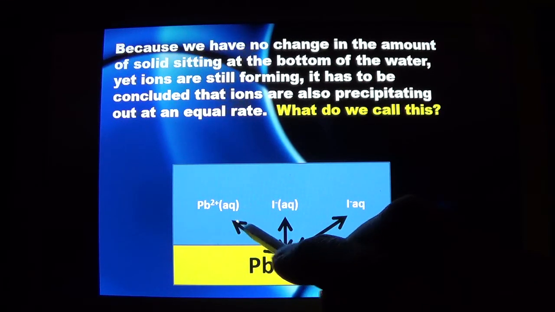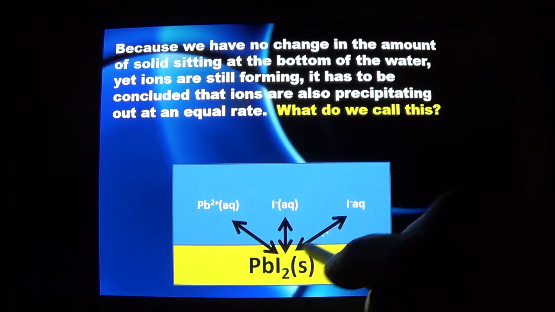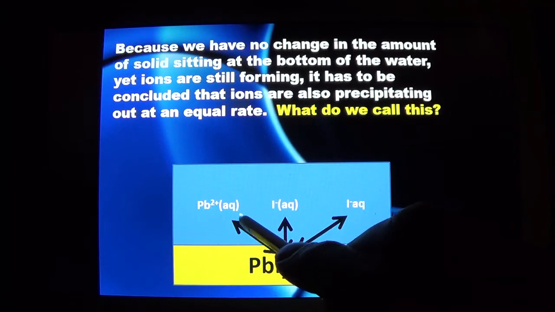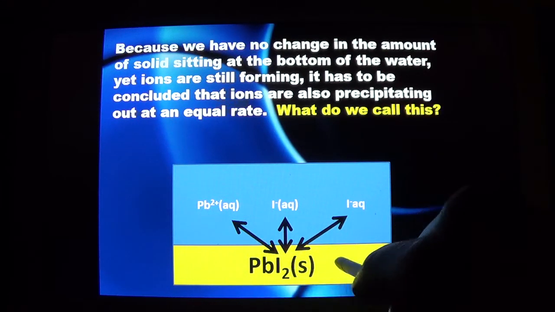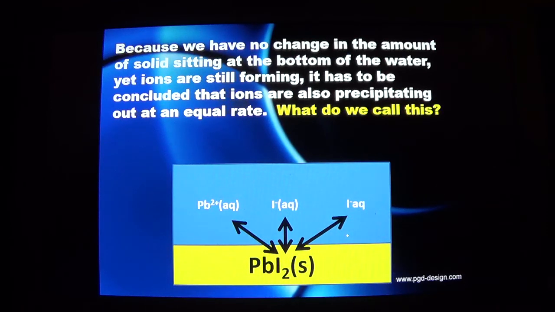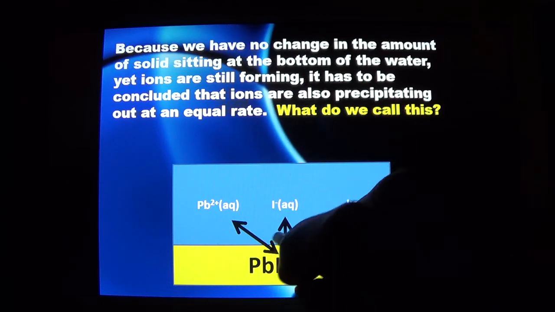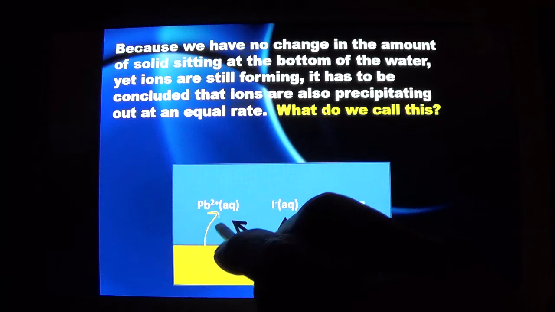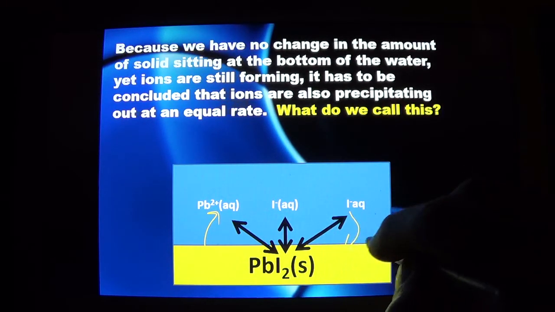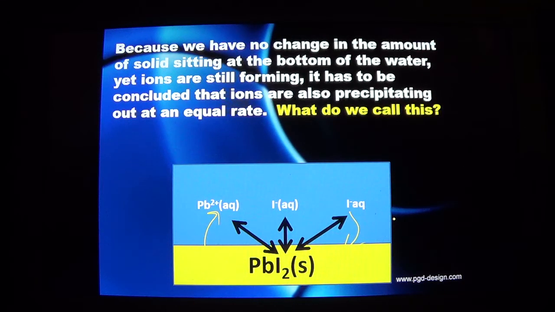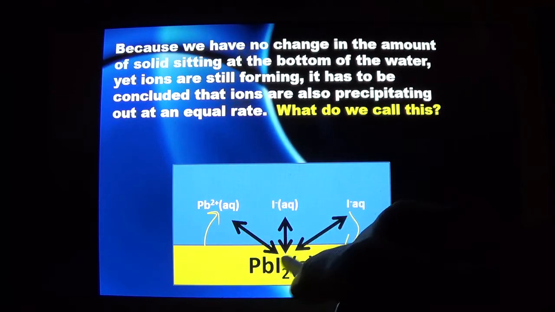But we do know a little bit is dissolving. So how do we account for the little bit that dissolves if we say none of it actually goes away? Well, we must be setting up a situation where as some of it dissolves, some of it at the same rate undissolves. So my arrows really go both directions.